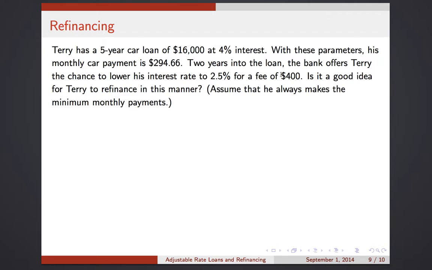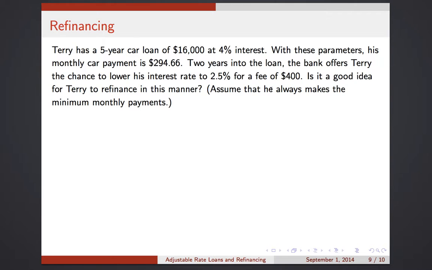So usually it's not free to lower your interest rate. Usually they'll charge you something, a processing fee, whatever. So the question here is, is it a good idea for Terry to refinance like this? I mean, they're almost cutting his interest rate in half, going from 4 to basically 2.5. So it's a pretty significant interest rate drop.